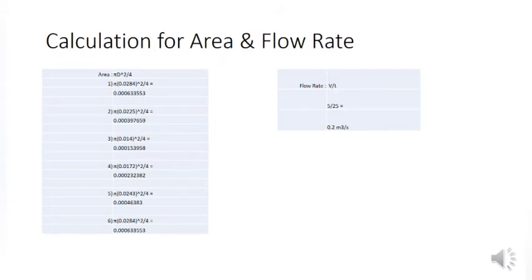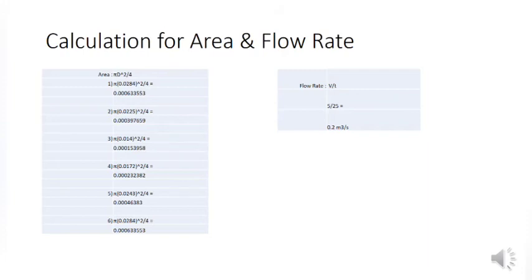For point 1 we have 0.0284. Okay, point 2 changes, we take the diameter 0.0225 and get 0.0397659. Okay, this is for area, how we get the data for each point.